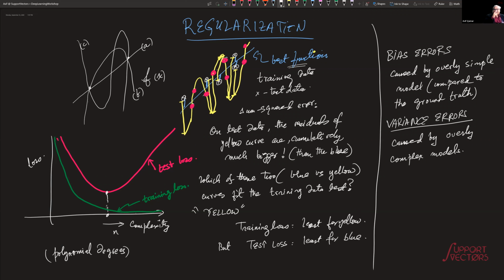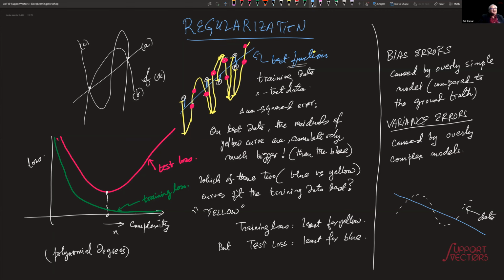So bias errors are because your model is not flexible enough. Suppose your data is like this, and you build a model which is a straight line. Then the best straight line would be this. If you remember, in data set 2, we did this exercise in ML100.